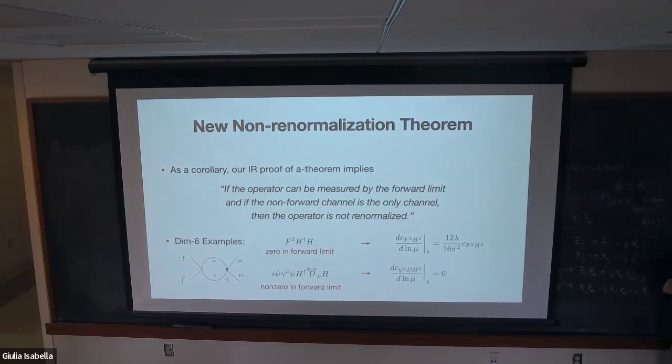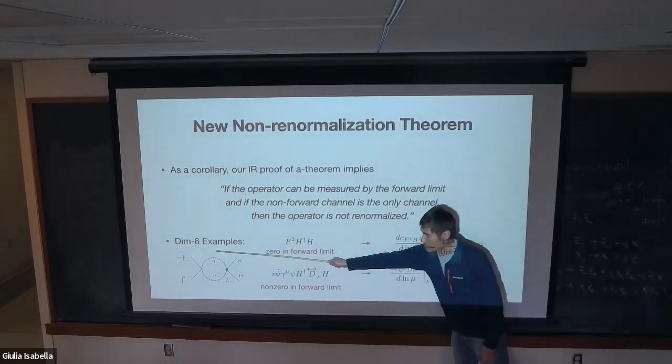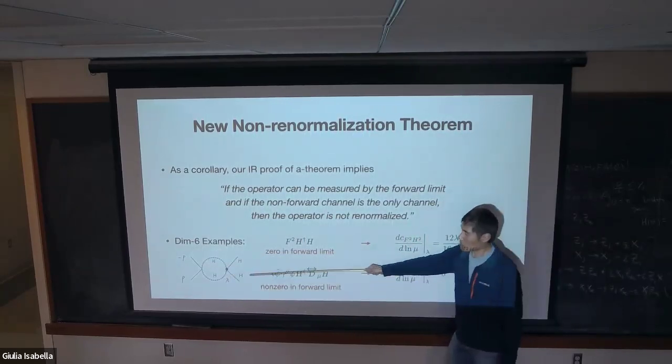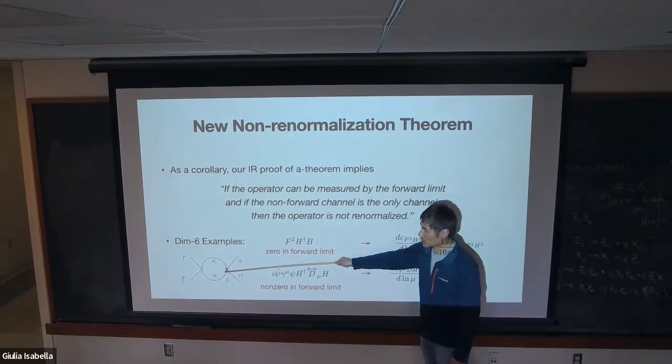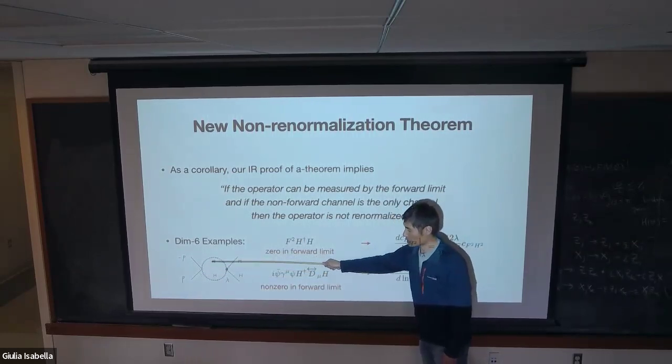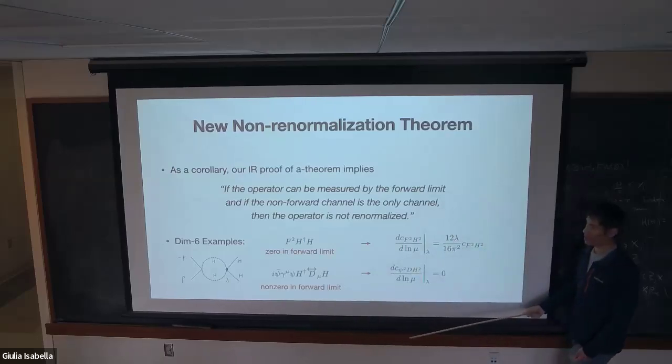And the previous statement about the T channel vanishing in the EFT can also give you another non-renormalization theorem. So essentially what we try to do is that we try to measure the Wilson coefficient in the forward limit. But if this very special kinematic channel is the only channel in your problem, then what it means is that if you can measure the Wilson coefficient in this way, we just prove that this contribution is zero, therefore the running should be zero.